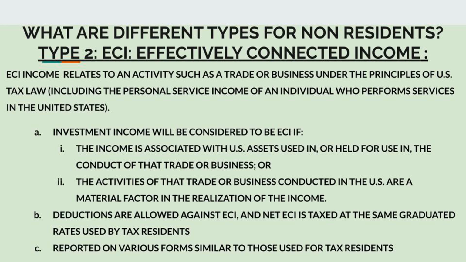Now, the characteristics of ECI are that deductions are allowed, and ECI is taxed at the same graduated rates used by tax residents. The income from ECI is reported in various forms similar to those used for tax residents.